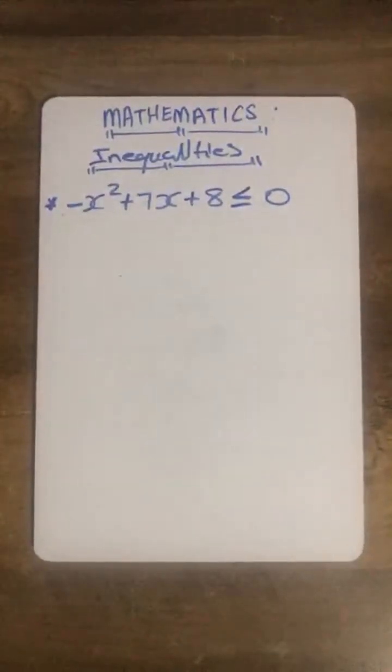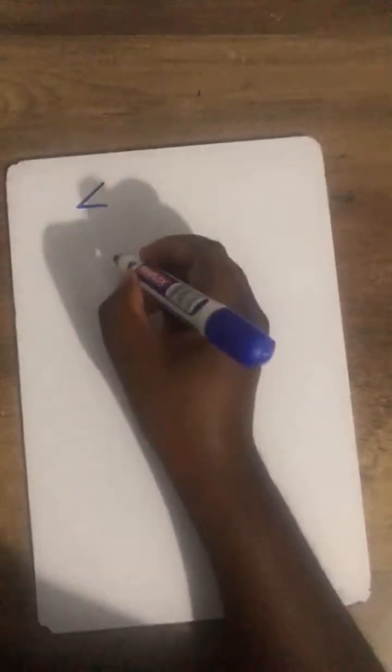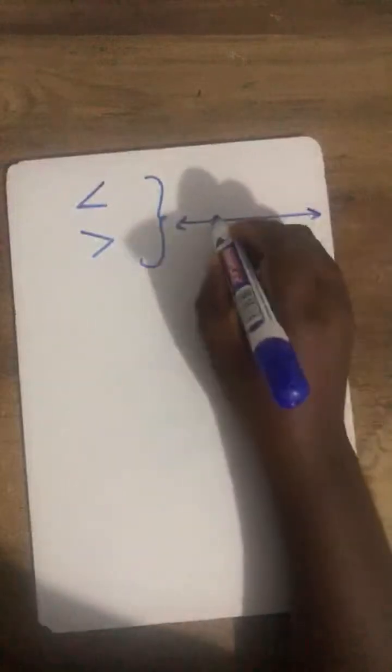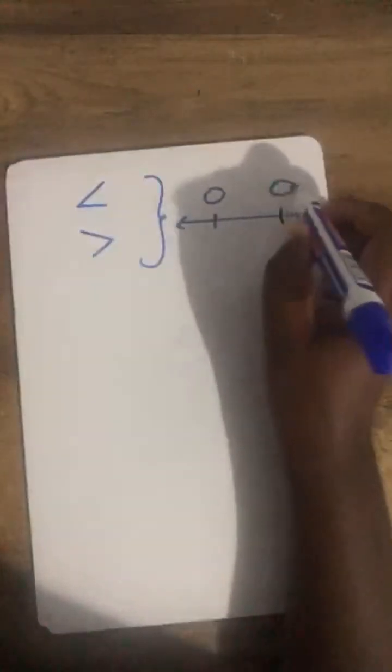Maybe let me summarize this by saying something very important. We just said if you are having less than or greater than on your number line, this is where you have the circles which are not shaded.